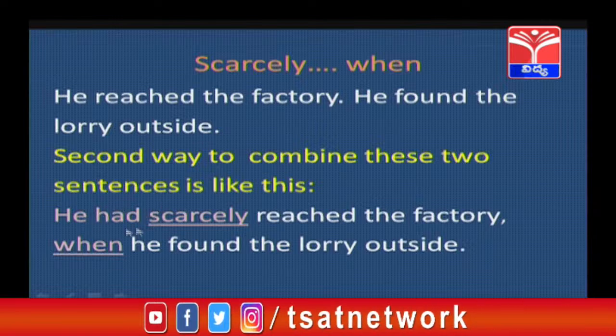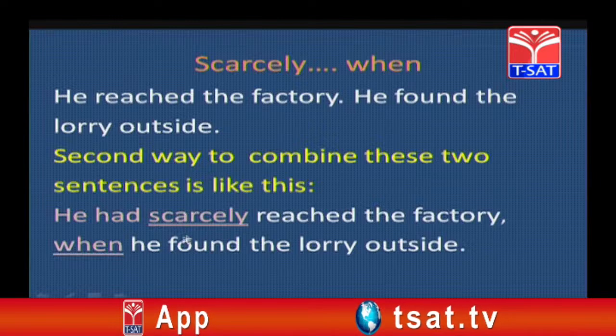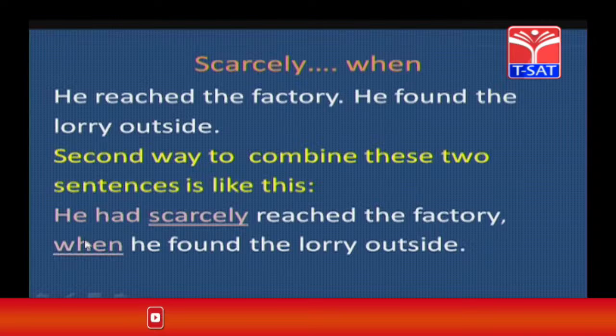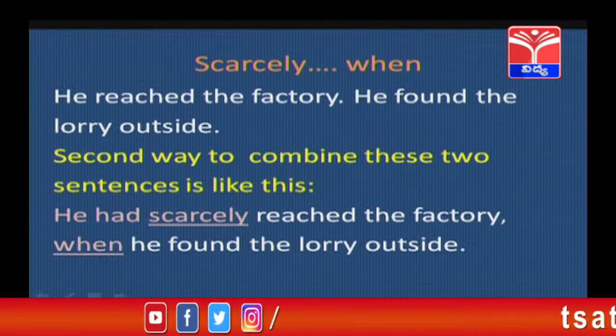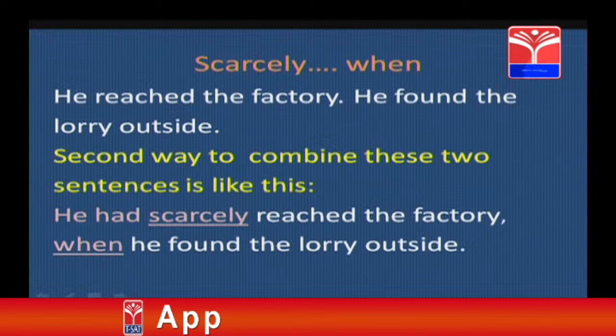It is after he, I kept had scarcely in the first sentence. Then I have kept when at the beginning of the second sentence. So, shall we read the sentence? He had scarcely reached the factory when he found the lorry outside.